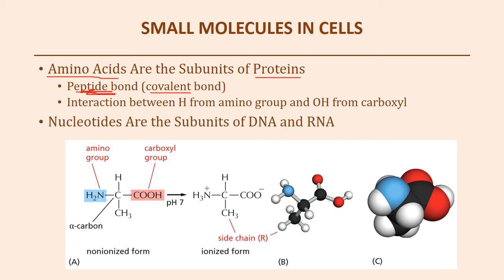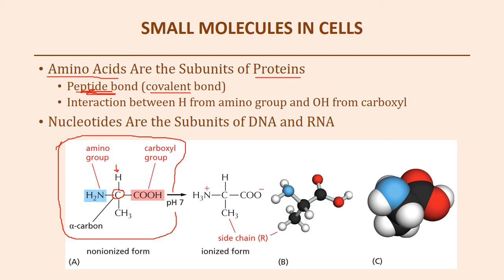Now, what I mean by that is go ahead and take a look at your illustration. And right over here, we see an example of an amino acid. And all amino acids, when you look at their chemical composition, will have a carbon in the middle. And that carbon will be bound to 4 different items. On one side, it will just have a simple hydrogen, which is perfectly fine.